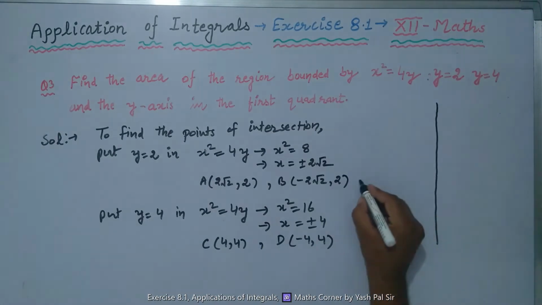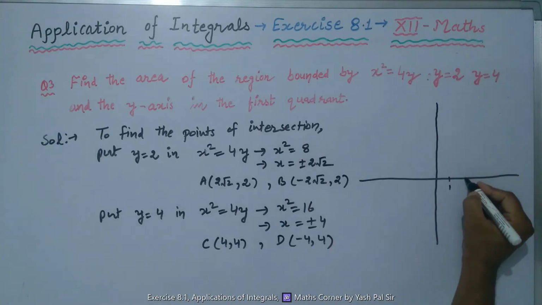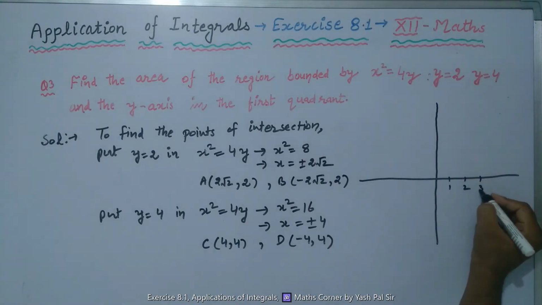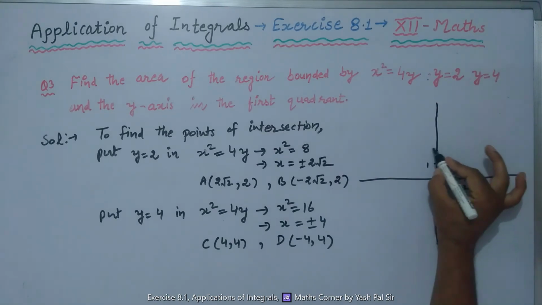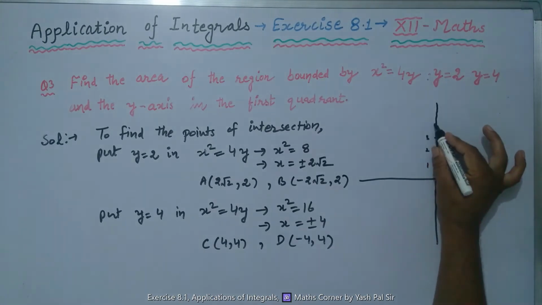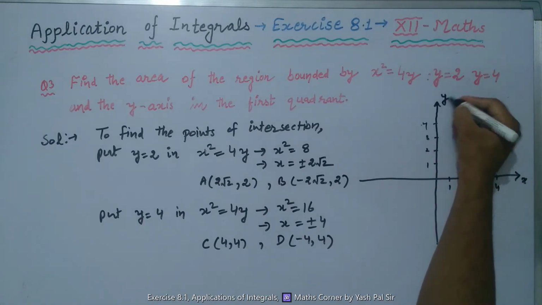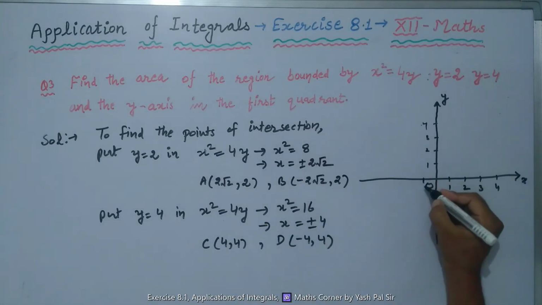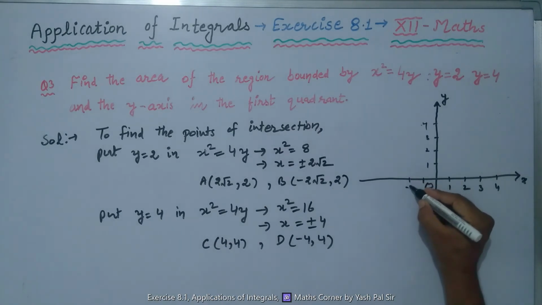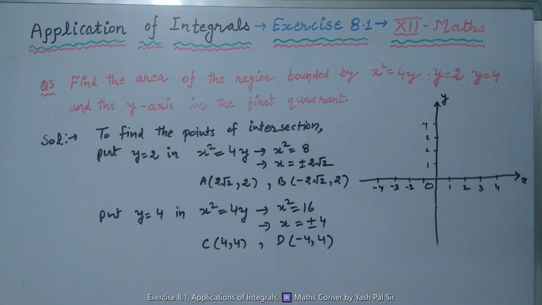this way, x is 1, 2, 3, 4. Similarly, y is 1, 2, 3, 4. X-axis, y-axis, origin. So we have to take x in negative terms also, minus 1, minus 2, minus 3, minus 4, right?